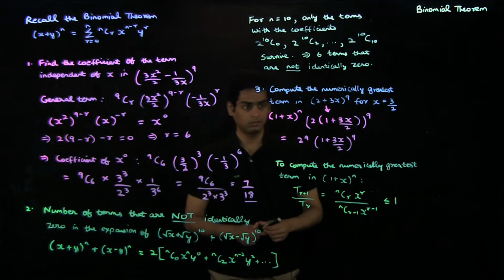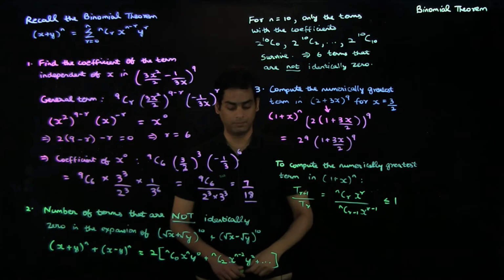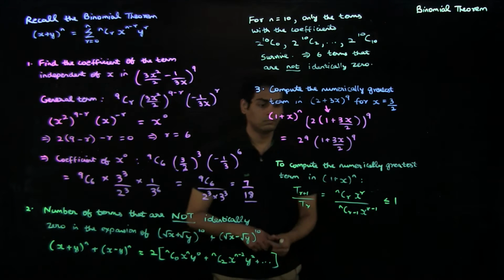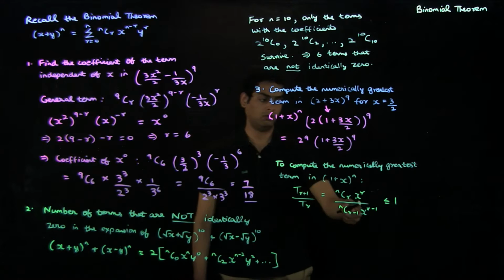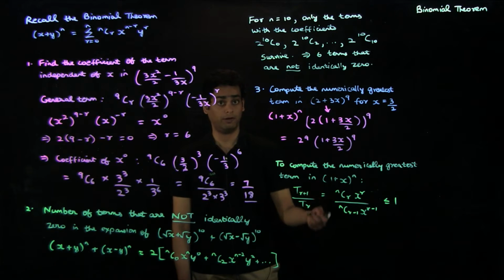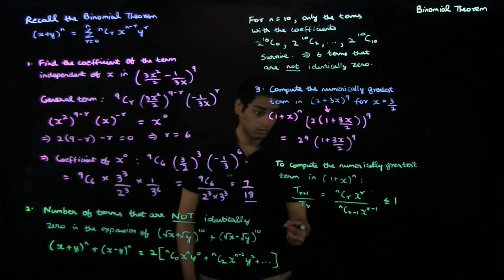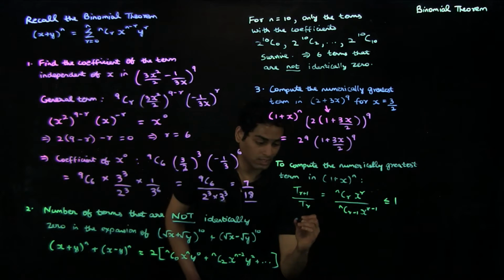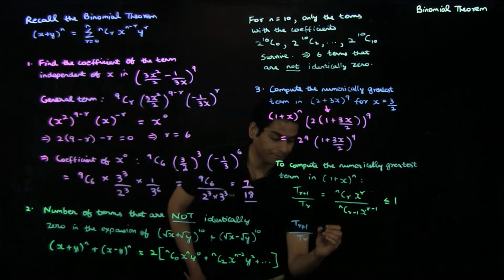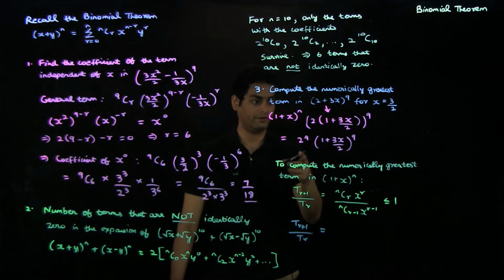So since we've re-expressed our general term in the form of (1 plus x) whole power n, we would now have to just compute this ratio and enforce that it is less than or equal to 1 and find the corresponding r to find the numerically greatest term in the expansion. So for us, T(r plus 1) over T(r) is, so let's just ignore the 2 power 9 for now.